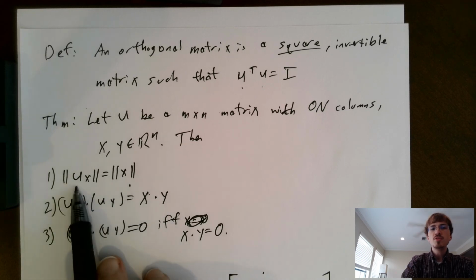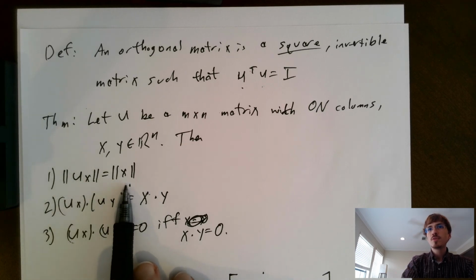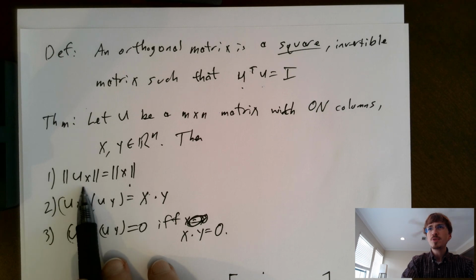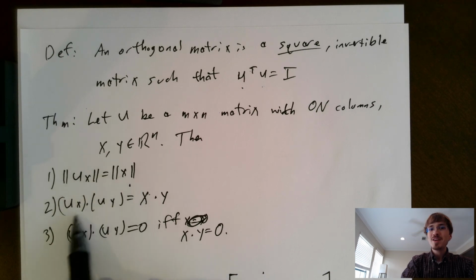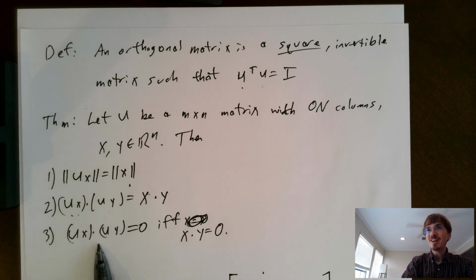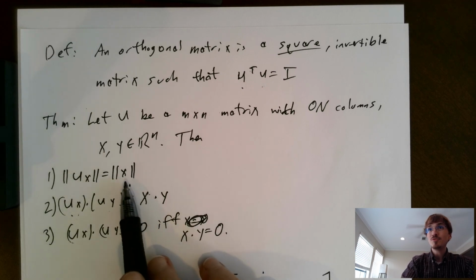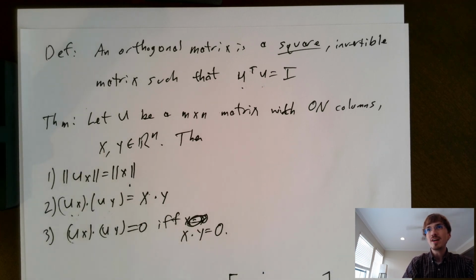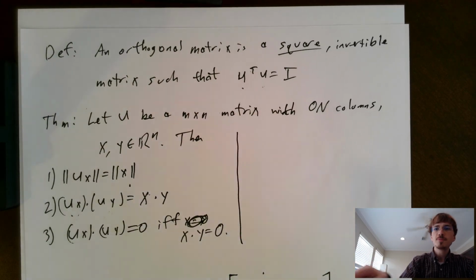So essentially, multiplication by U plays no role in the length. It plays no role in the angle between vectors. And it plays no role in orthogonality. So that's really interesting that applying U does nothing to affect length, angles, and orthogonality. That's really cool. Let's prove it here.